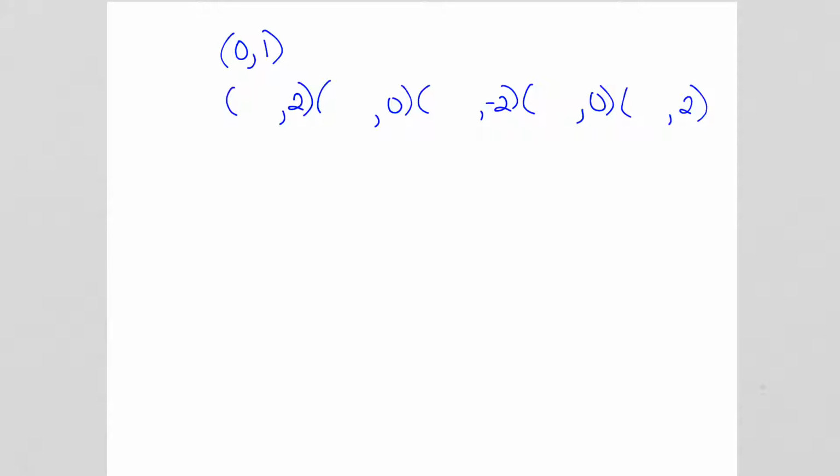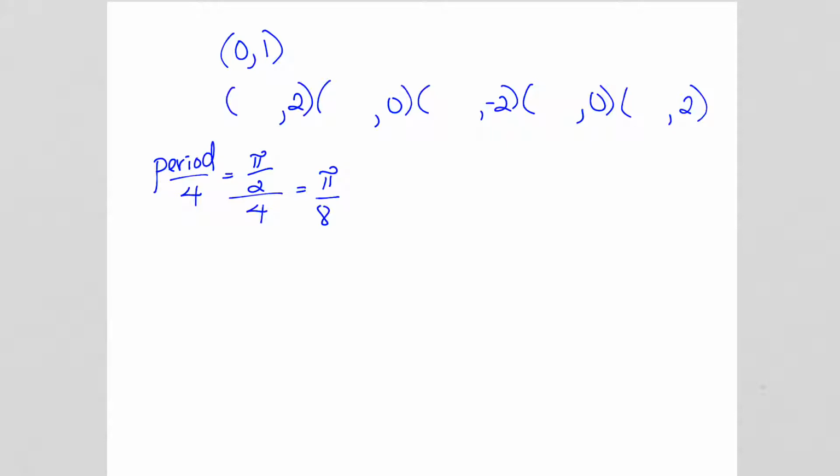But we need to talk about, well, what are our x values? Take the period, divide by 4. So our period is pi over 2. Divide that by 4, and we have pi over 8. Okay?